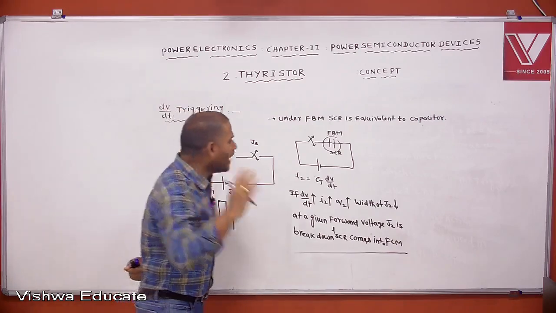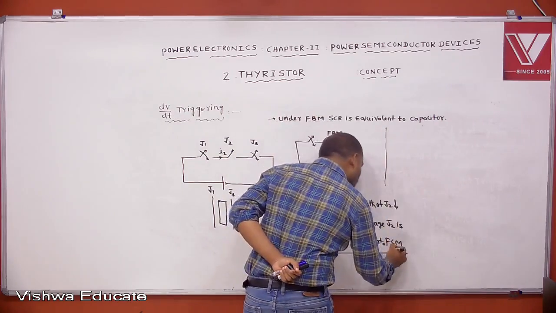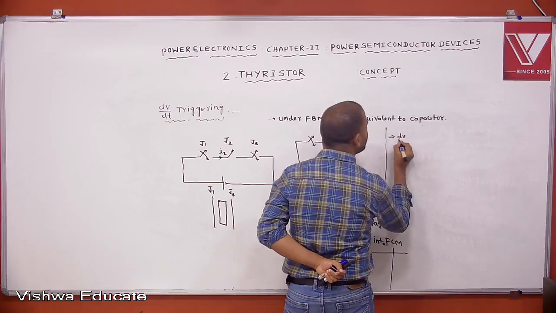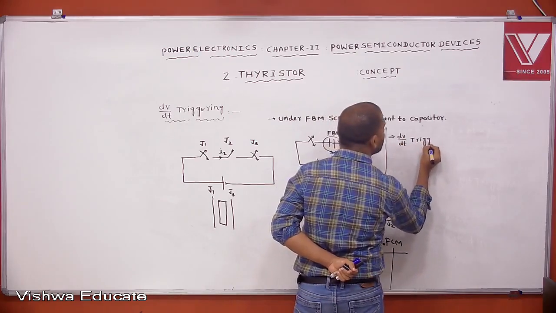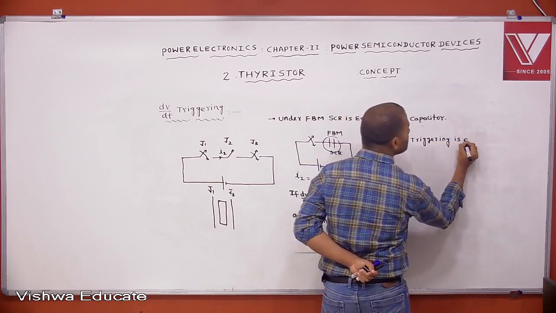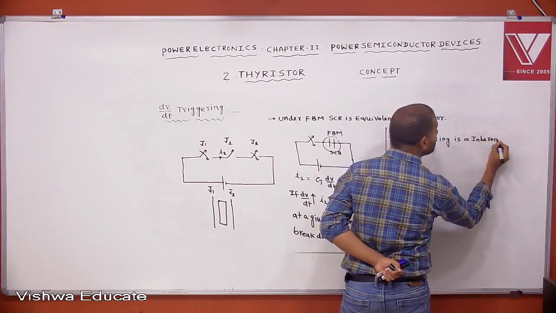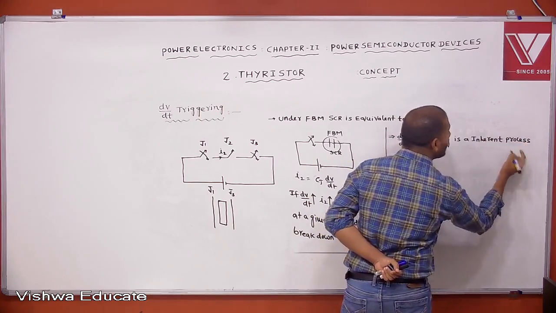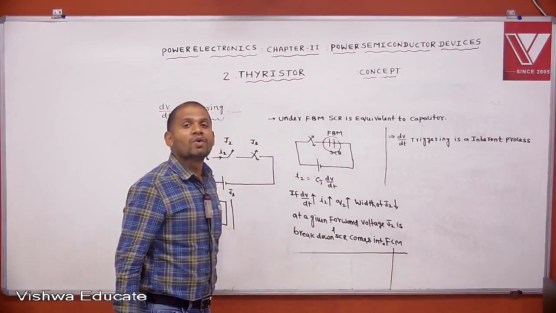That's why the point to remember: dV by dt triggering is an inherent process. Why does this dV by dt triggering exist? Yes, under forward blocking mode, SCR acts as a capacitor.